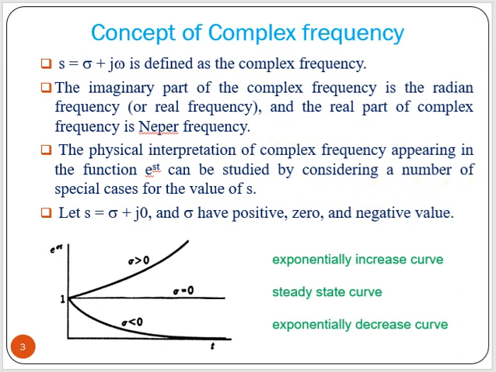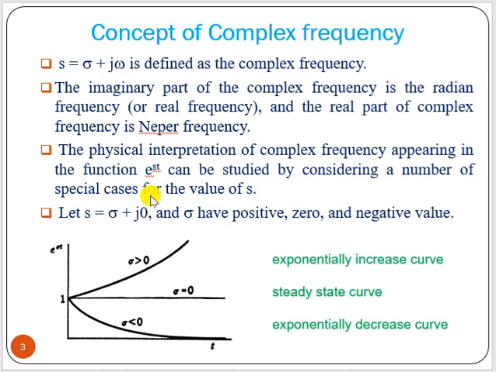Now the physical interpretation of the complex frequency appearing in the function e to the power st can be studied by considering a number of cases for the values of s. Instead of s we can write sigma plus j omega, whole times t. Let us first assume that omega equals 0, and then sigma can be a positive, zero or negative value.